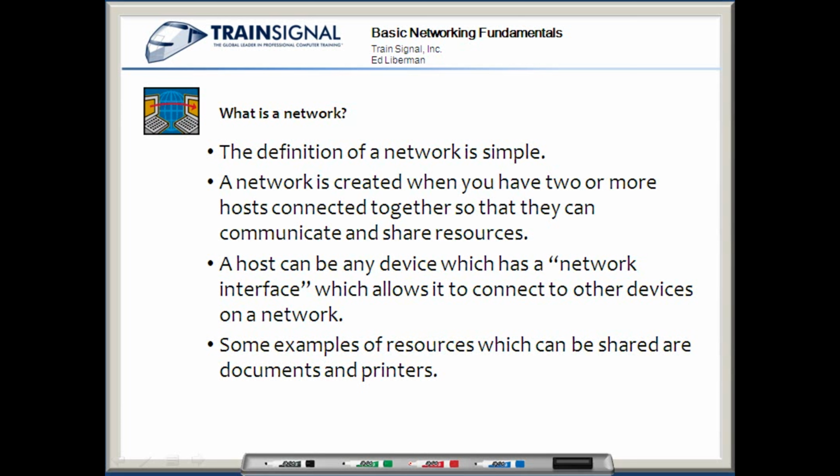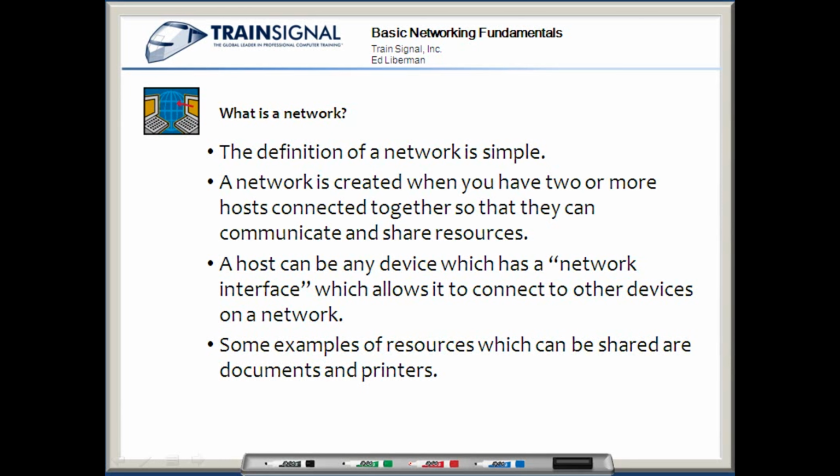Now, it doesn't have to be a computer. It can be a hub, a switch, a router, all sorts of different things. But to keep it simple, we'll just say computer. So a network is created when you have two, that's it, just two computers connected together so that they can communicate, right? They can talk to each other and share resources.